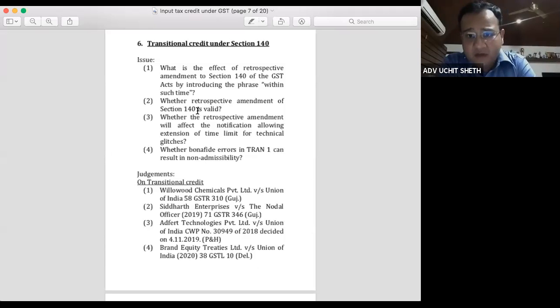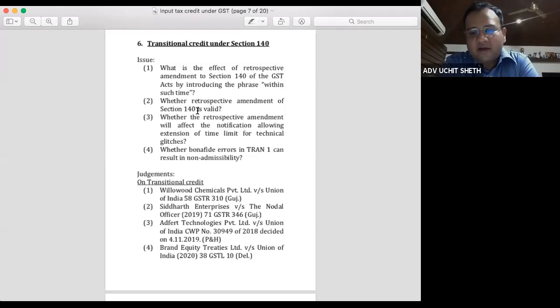But now the interesting subsequent development is the retrospective amendment of section 140 of the GST Act by the Finance Act 2020. In all the subsections of section 140, the phrase "within such time" has been introduced.